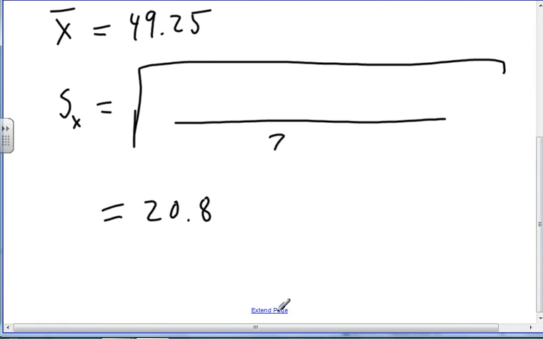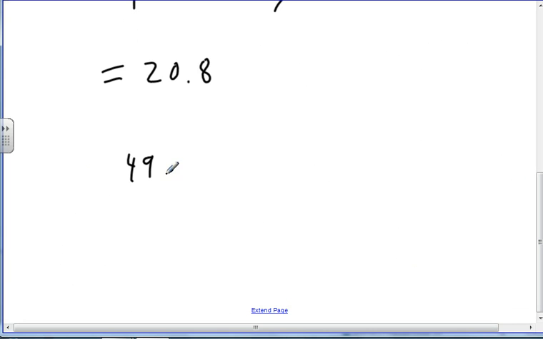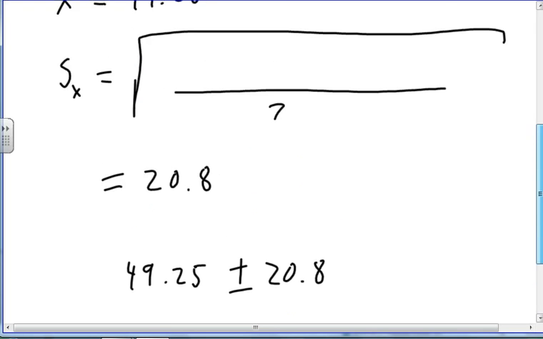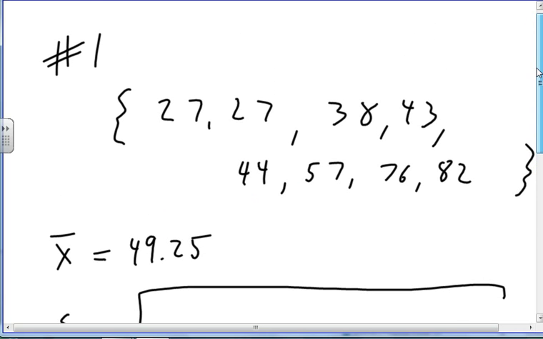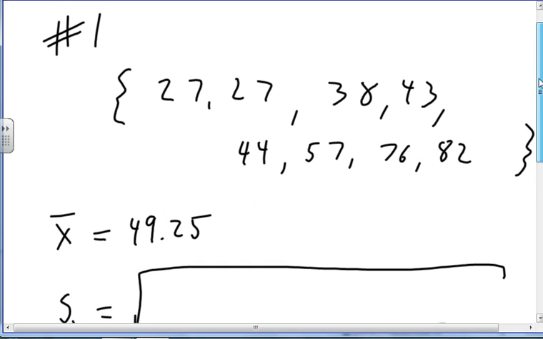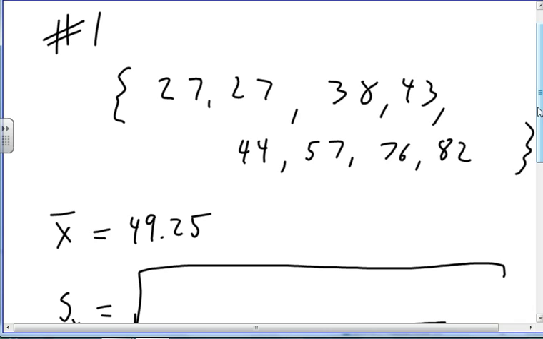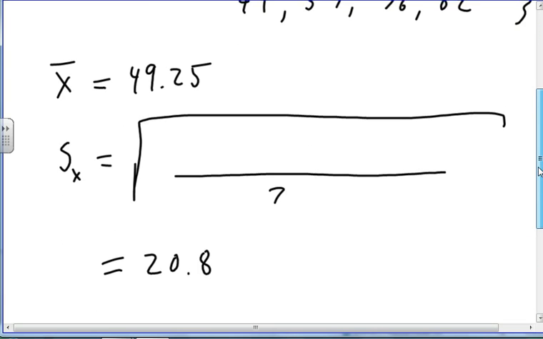So now I want to know 49.25 plus or minus 20.8. 20.8 is not right. Yeah, that's what it is. Twenty point eight.